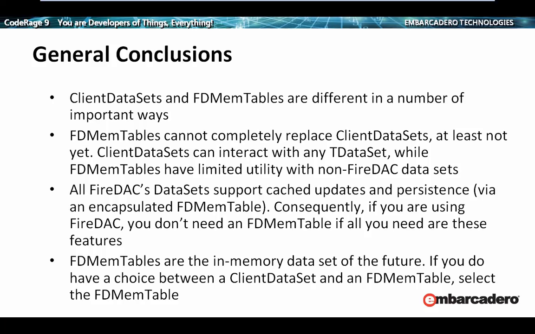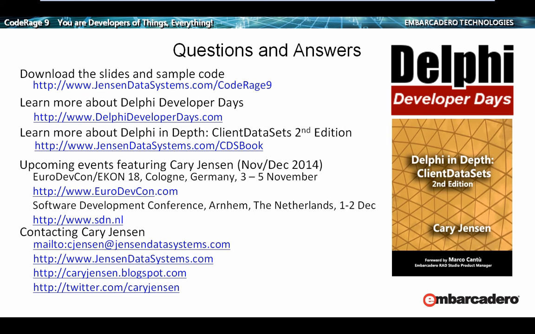It supports aggregates. It supports group state and other similar features, largely because it encapsulates an FDMemTable. So your need for FDMemTable is actually lower when you're using FireDAC than when you're using other data access mechanisms. However, FDMemTables are the in-memory dataset of the future. If you do have a choice between a client dataset and an FDMemTable, go with the FDMemTable.